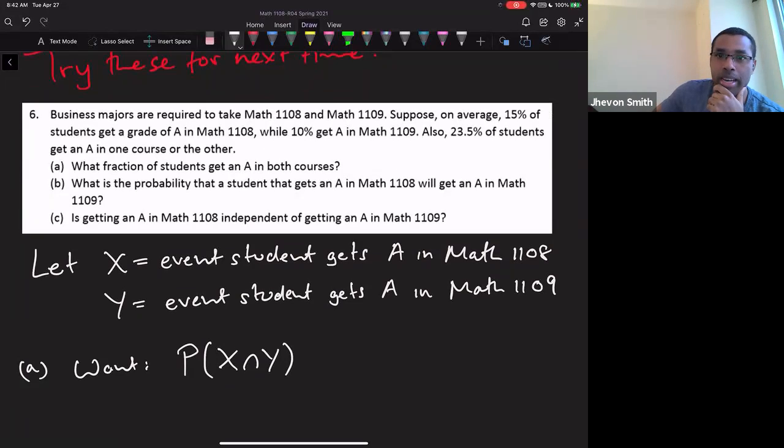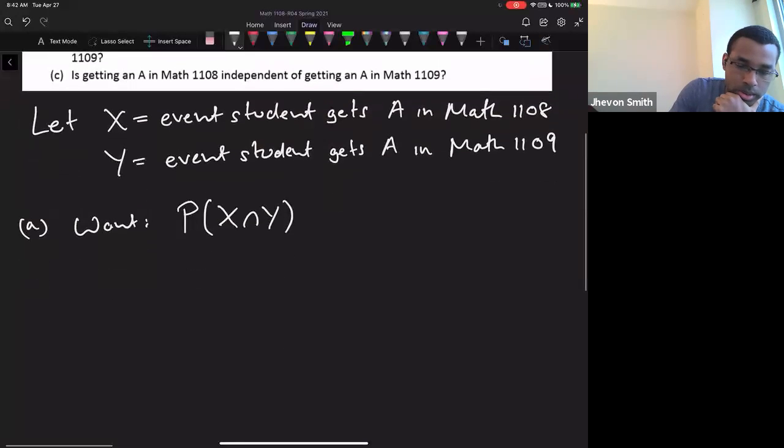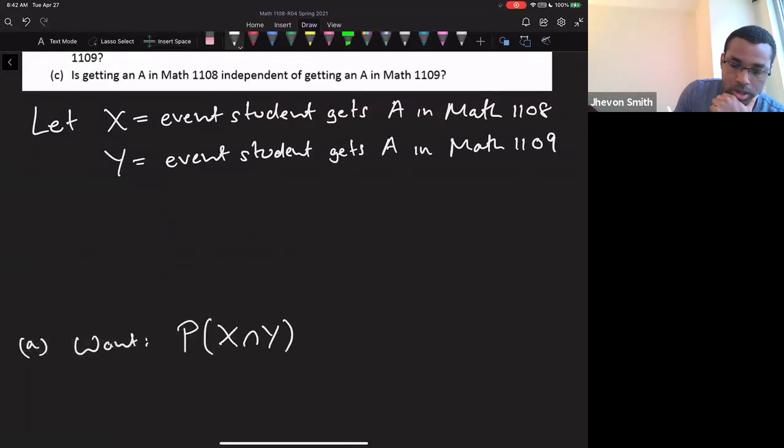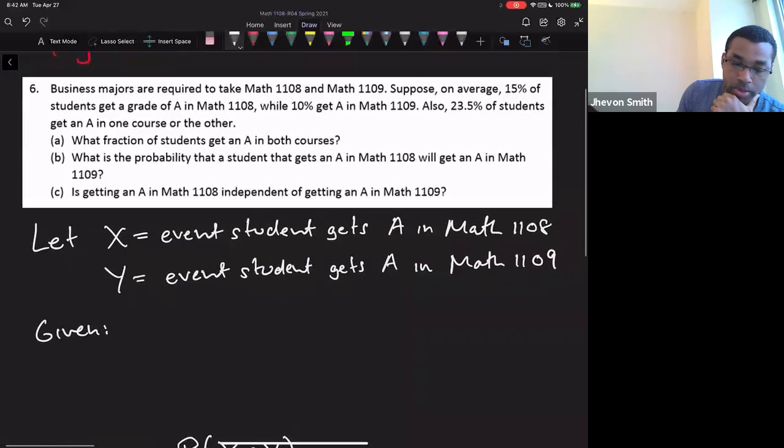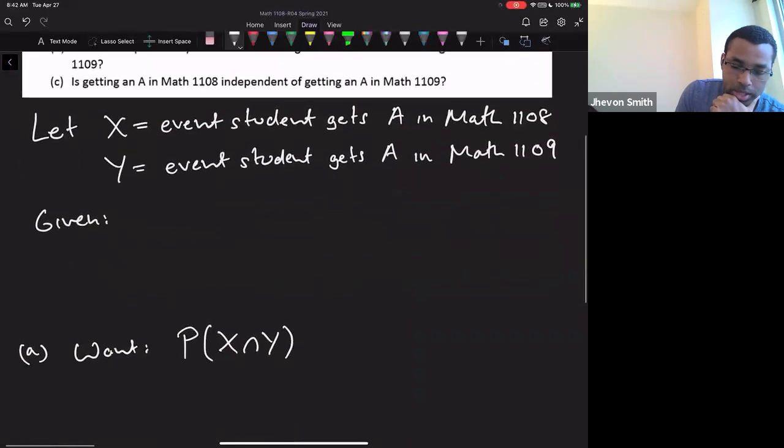How would I find that based on the information I have here? What do I know here? We should put that in as well. What are we given? We know 15% of students get an A in 1108. So the probability of X occurring is 15%.